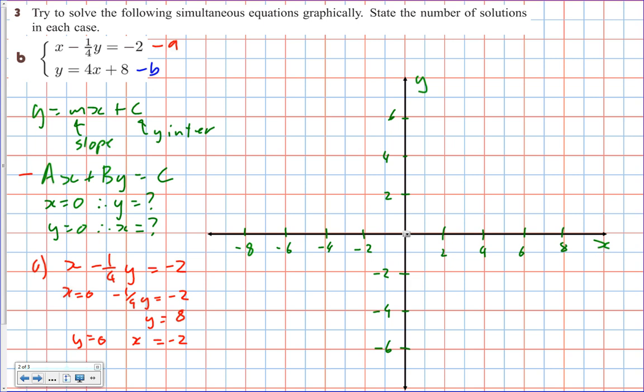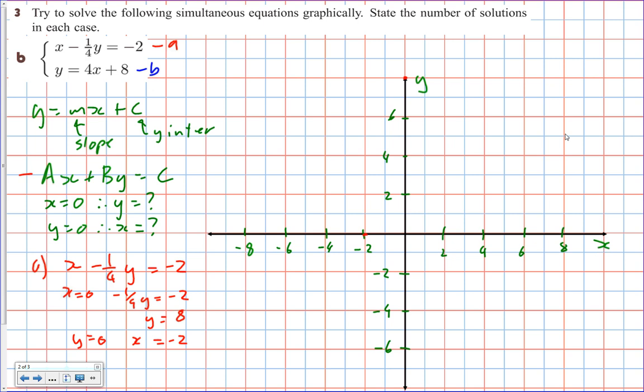Oopsie, just hang on a tick. There you go. For some reason my axes were selected. So I'll put a dot up here at 8, and when y is 0, x equals negative 2, so I'm going to put a dot there.